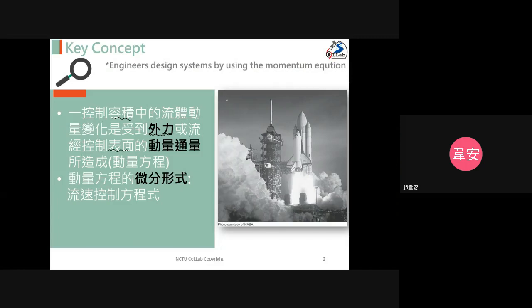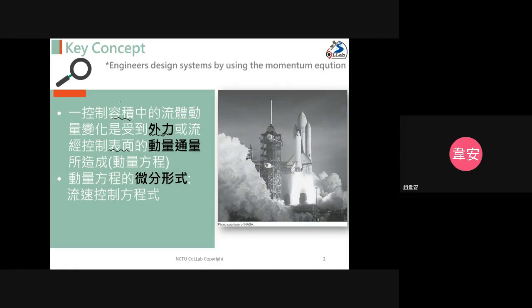Okay, so this idea is similar to the continuity equation, and we have two environments similar to the continuity problems.